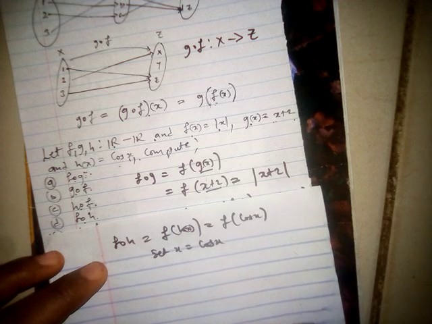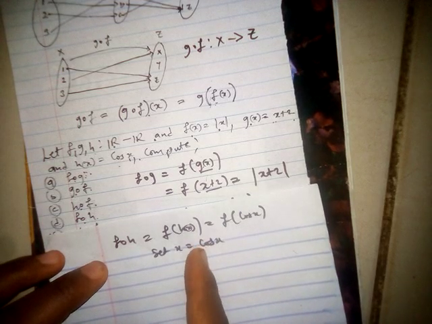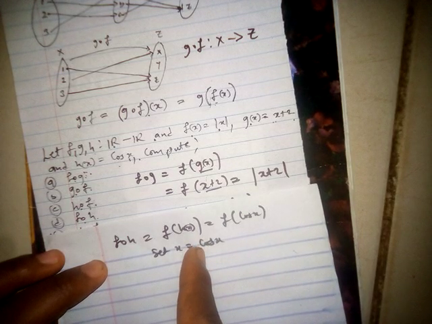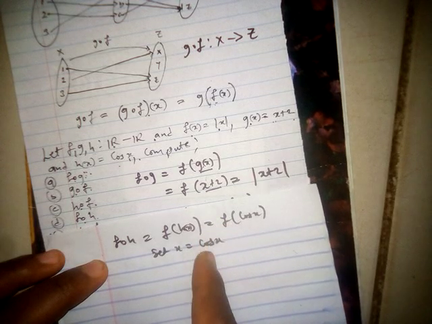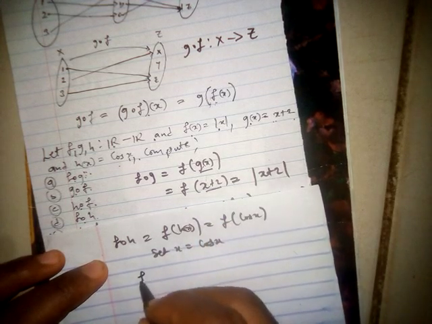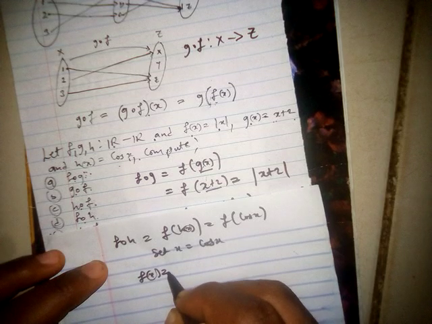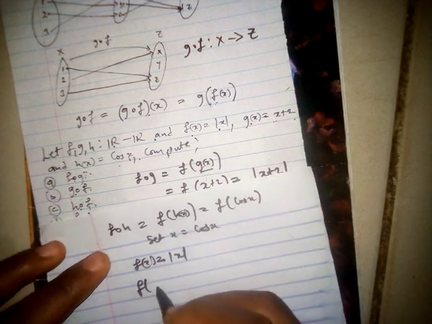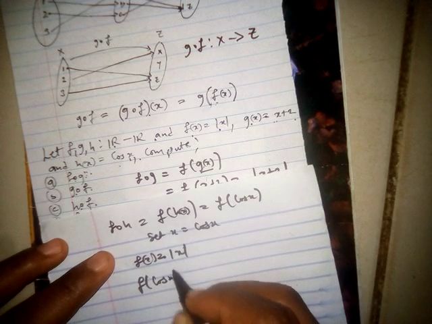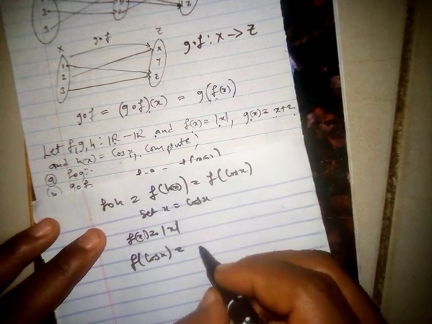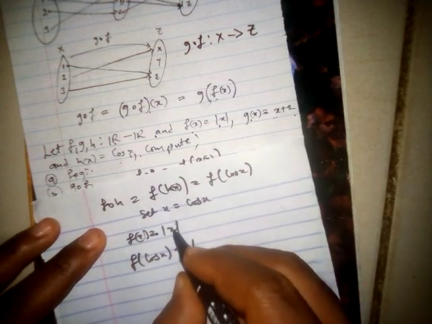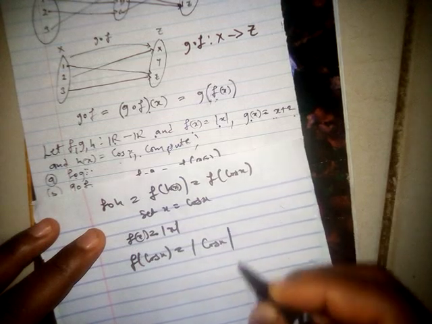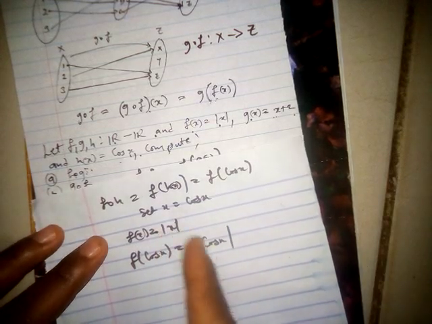If you set your x equal to cos x, it means that anywhere I see x in f of x, I put cos x. So my f of x in the question is given as the absolute value of x. So my f of cos x is equal to the absolute value of cos x. So anywhere I'm seeing x, I put cos x.